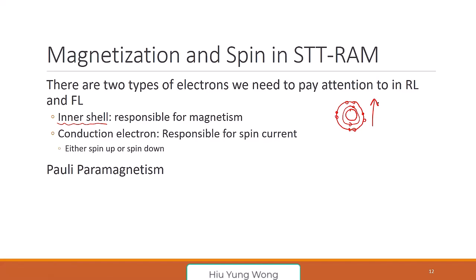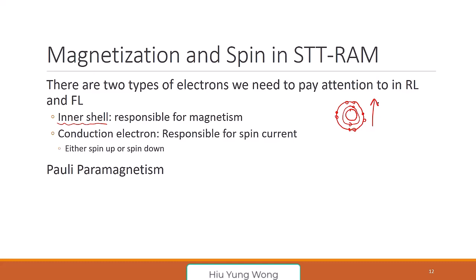So when we say the free layer is polarized in a certain direction, it means that all the electrons of the inner shell of this atom are pointing in a certain direction. That is what we mean by magnetization. Right? Electron spin, I'm talking about electron spin pointing in a certain direction.